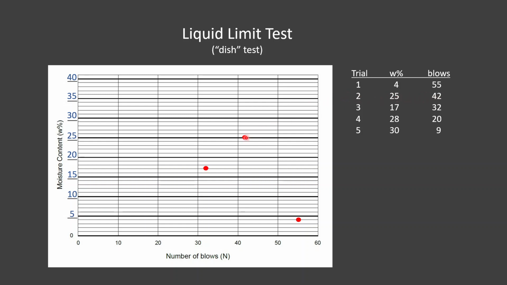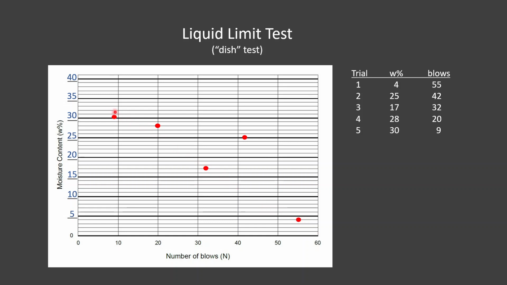Third data point would be 32 blows at 17% moisture content, 20 blows at 28% moisture, and 9 blows at 30% moisture content. And generally this is the trend you want to see in your data points, starting low on the right and increasing going to the left.